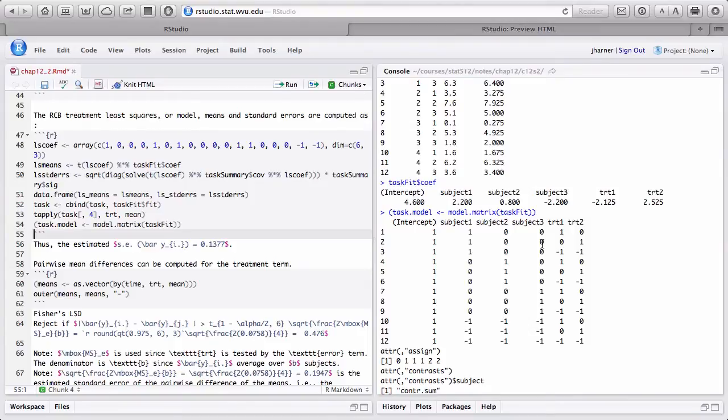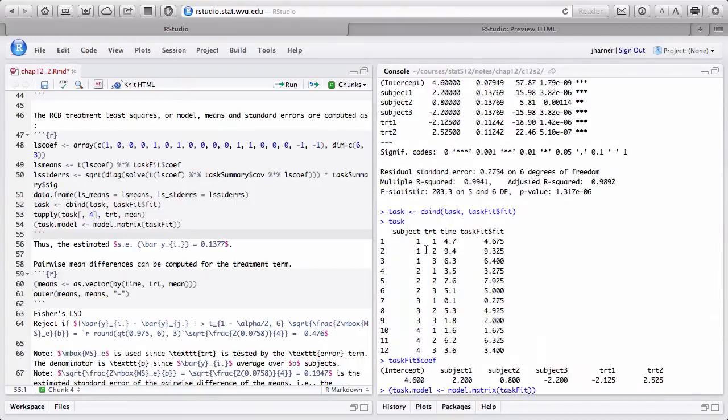A 1, 0 means the first treatment. A 0, 1 means the second. A minus 1, minus 1 means the third treatment. So I'm using these variables, but internally we construct x, and the model is really y equal to x times the parameters plus this error term, and then it actually solves a system of equations based on that x, not the original matrix, because we can't treat treatment and subject as numbers.